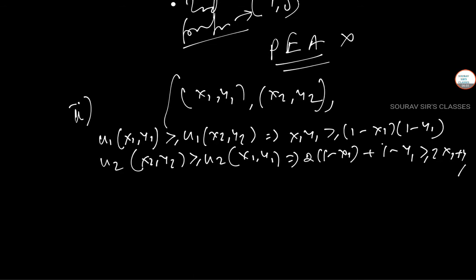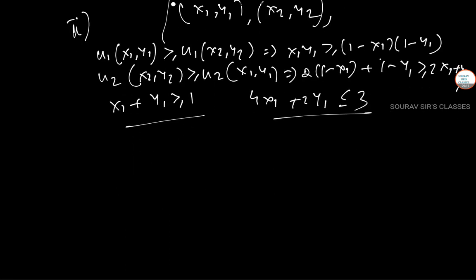So this has been done. Once this has been done, the two conditions in simplified form are x1 plus y1 greater than or equal to 1 and 4x1 plus 2y1 less than or equal to 3. So here the envy-free allocation in the Edgeworth box will look like this.